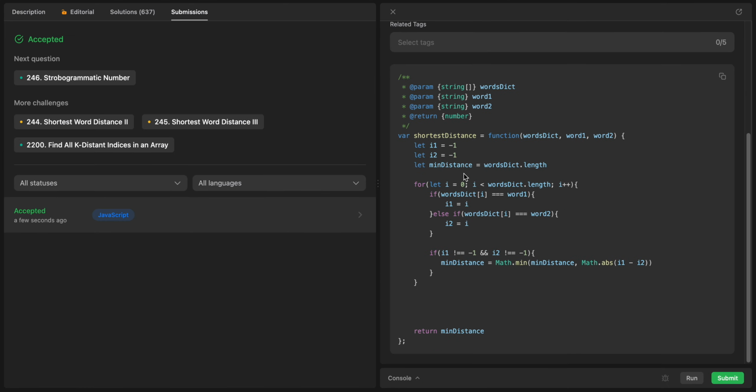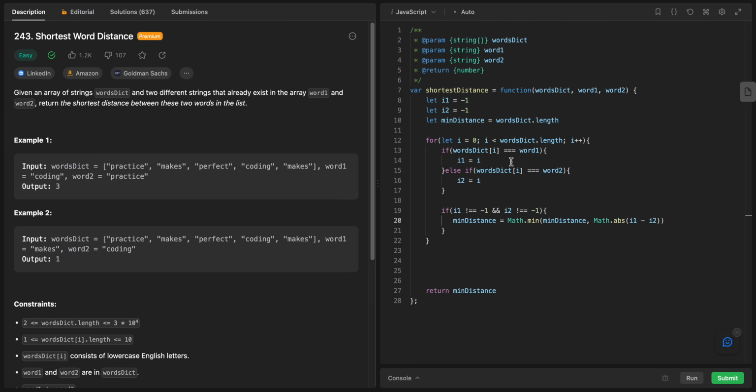Okay, we fixed this problem, and let's talk about how we did it. First of all, we have I1, I2, and the min distance, and we return the min distance. We loop through the array. We get each element, and we say if this element equals word1, make I1 equal I. Else if this element equals word2, I2 will equal I. When we got word1 and word2, we have this one in the last.